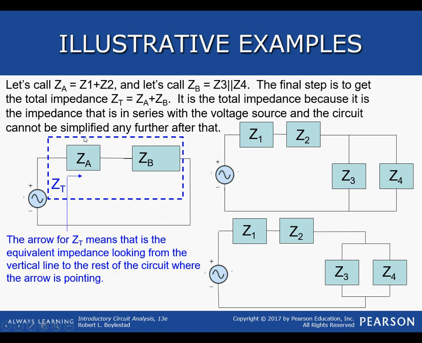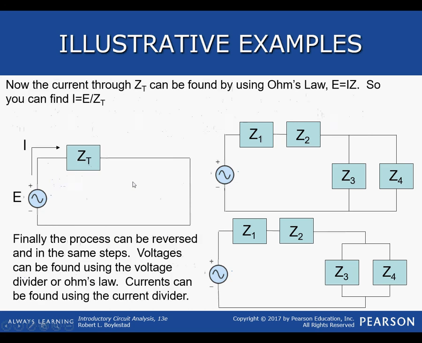So the next slide, again, you're looking at ZA and ZB here, and this is just showing you another way to call it ZT. The arrow for ZT means it's the equivalent impedance looking from the vertical line to the rest of the circuit where the arrow is pointing. So ZT equals ZA plus ZB because these two are in series.